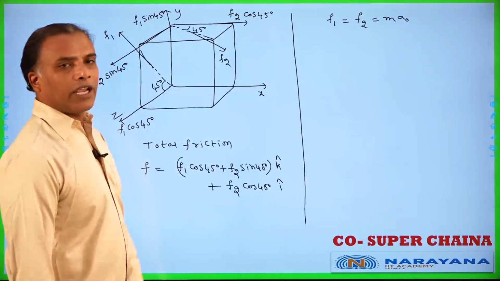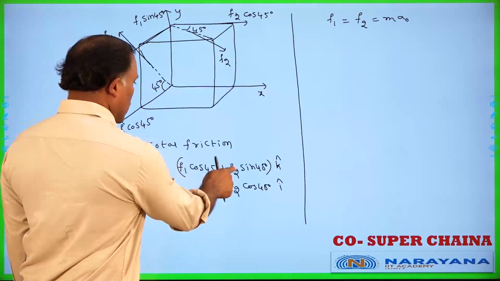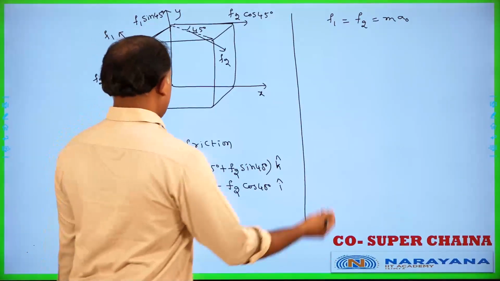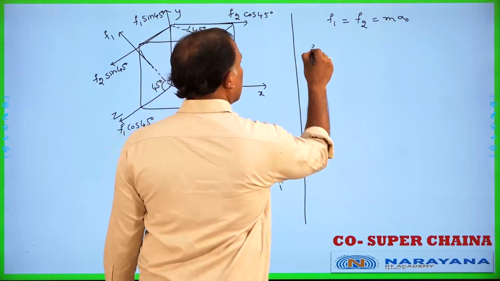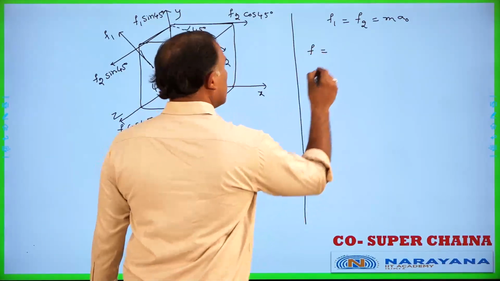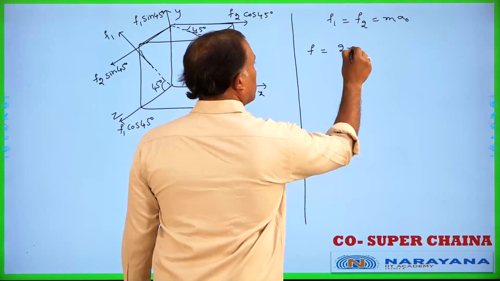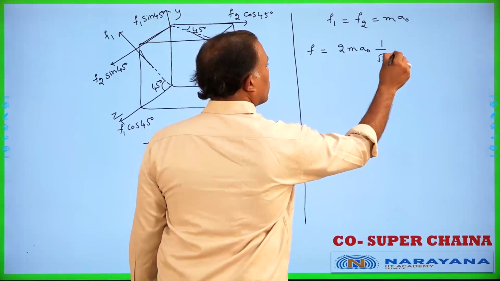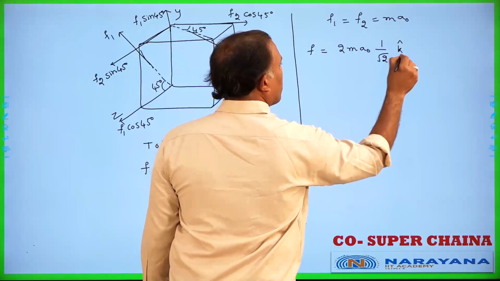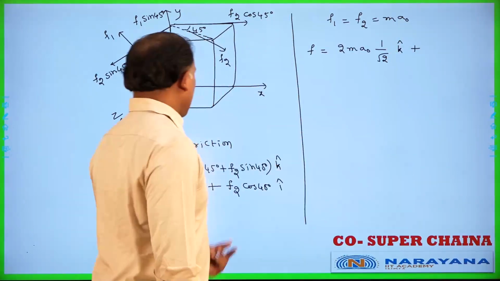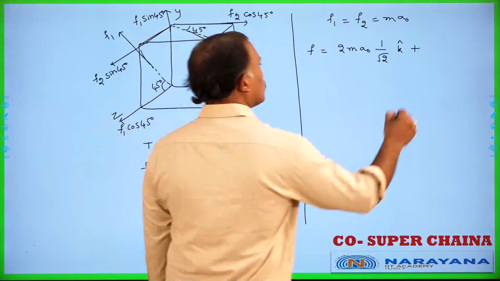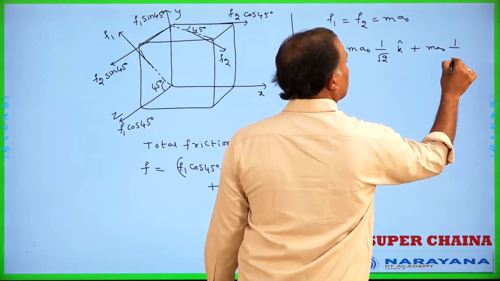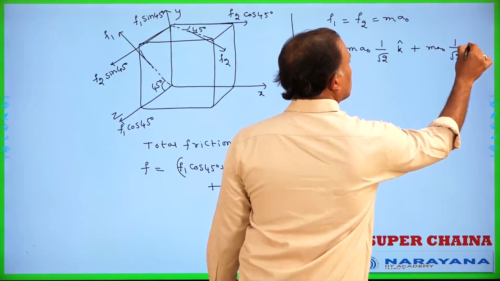So now substituting ma0 here and ma0 here, 2 ma0 sin 45, cos 45. Sin 45 or cos 45, both will be the same. One more step let me write. 2 ma0 sin 45, that is 1 by root 2, k cap, plus F2 again ma0, ma0 cos 45 means 1 by root 2, i cap.